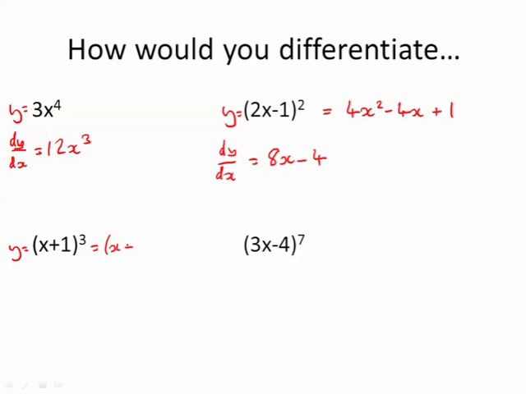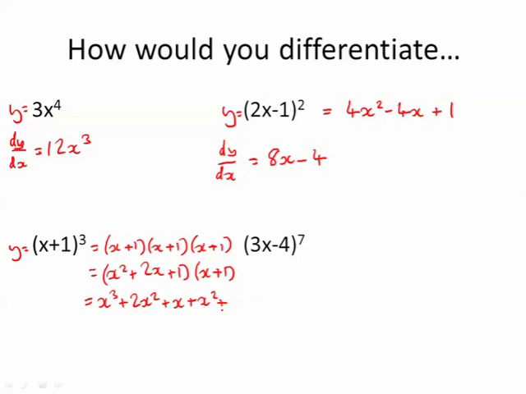This is the same as x plus 1 times x plus 1 times x plus 1. There is a neat way of doing this using a binomial expansion, but let's do it longhand. We'd say it's x squared plus 2x plus 1 times x plus 1, which is x cubed plus 2x squared plus x squared plus 2x plus 1, which is x cubed plus 3x squared plus 3x plus 1.